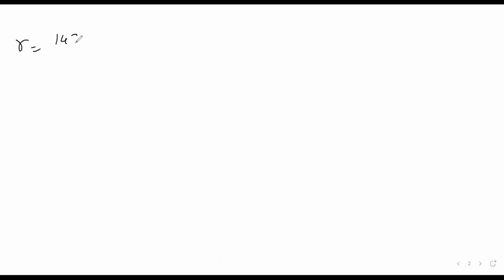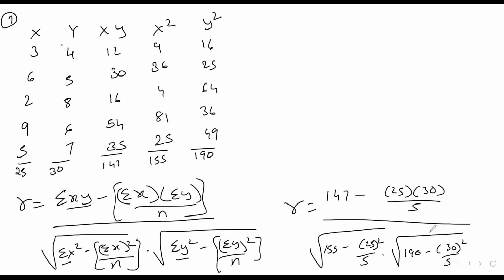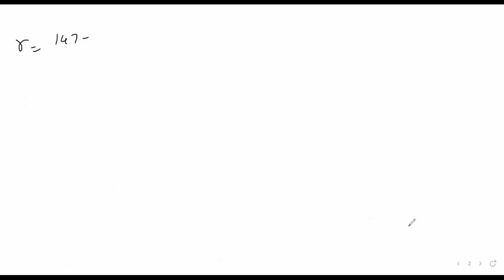So r is equals to 147 minus, this is 5, this will be 150.